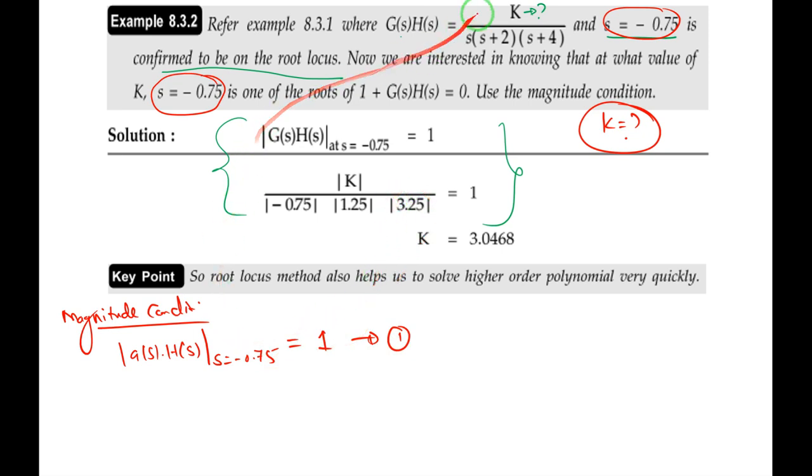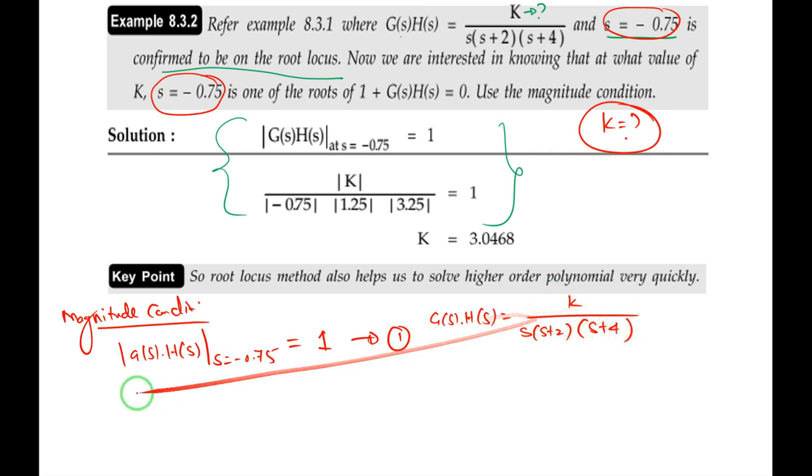We will apply the magnitude to this. g of s into h of s is k divided by s into s plus 2 into s plus 4.